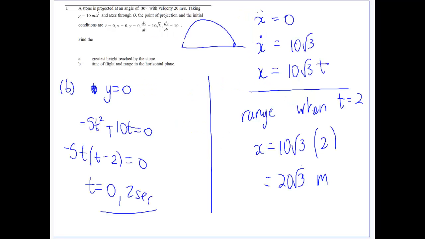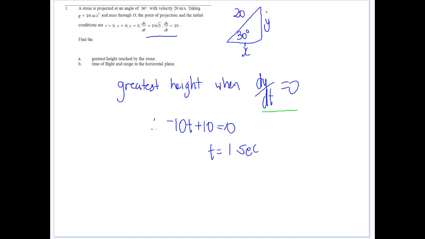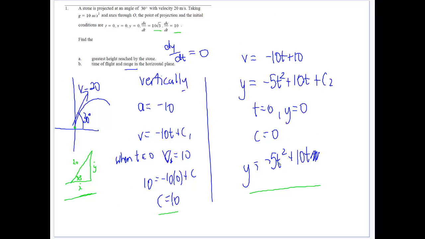So what we need to do then, and we haven't done it, is put that back into the function. So y would equal minus 5 lots of 1 squared plus 10 lots of 1. It's going to give us a greatest height of 5 meters. Sorry, 5 meters, not 5 meters per second. So there's our greatest height that's going to be reached by the stone.